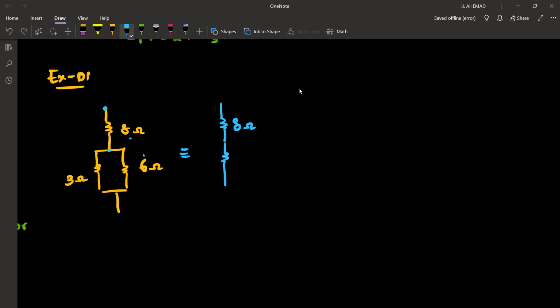What is the equivalent of 6 and 3? Two ohms, right?